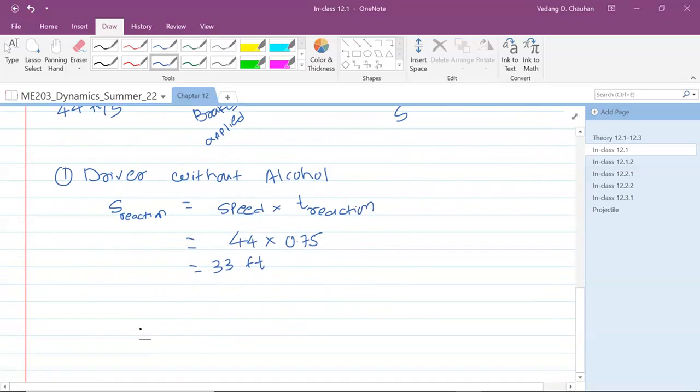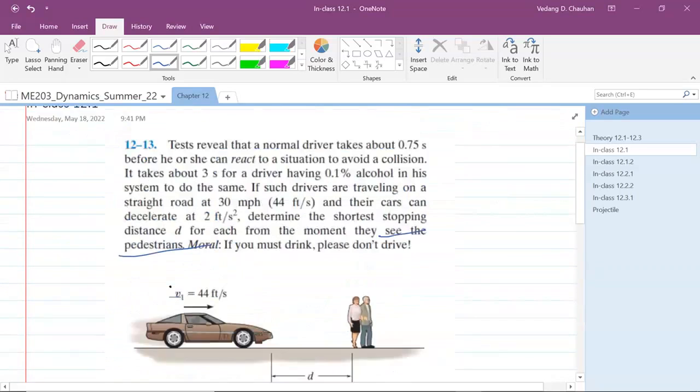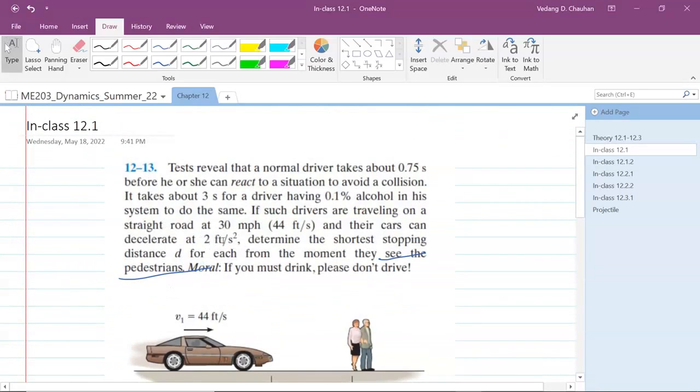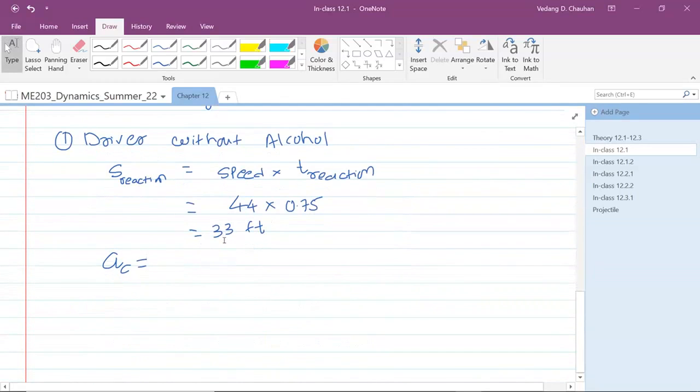Once the brakes are applied, the deceleration of the car, a_c, is constant, and it is given in the problem as 2 feet per second squared. Since it is deceleration, we substitute a negative value. Remember, acceleration is when speed increases with time, and that is positive. When speed decreases with time, it's deceleration, and that is negative.